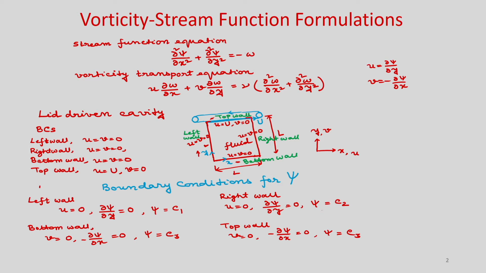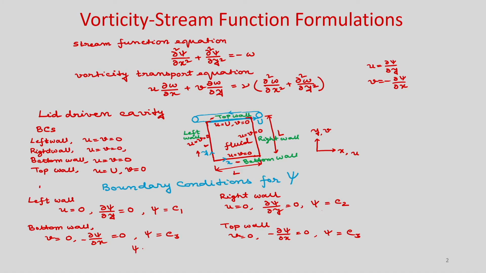So, these are all connected. What does it mean? It is a single streamline and the stream function should be the same. So, along all these 4 boundaries ψ will be constant. So, you can write ψ is equal to C for all 4 boundaries.